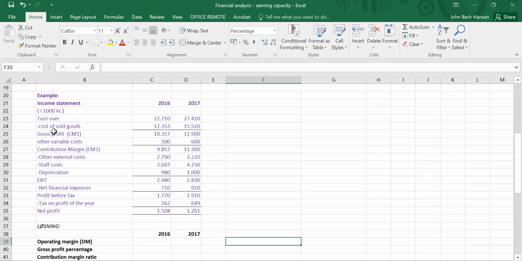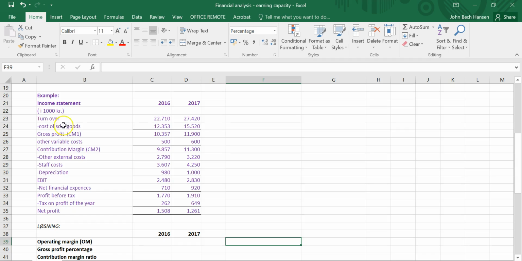So the gross profit in the external report is a profit where all variable cost and a lot of external costs actually has been deducted. So that's two different things from what we are doing when we are doing financial analysis on earning capacity based on the income statement made for analysis purpose.